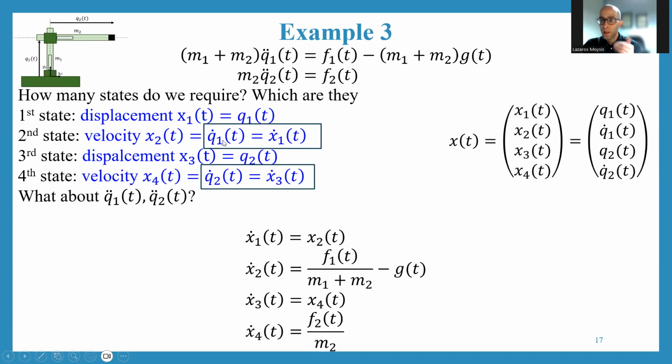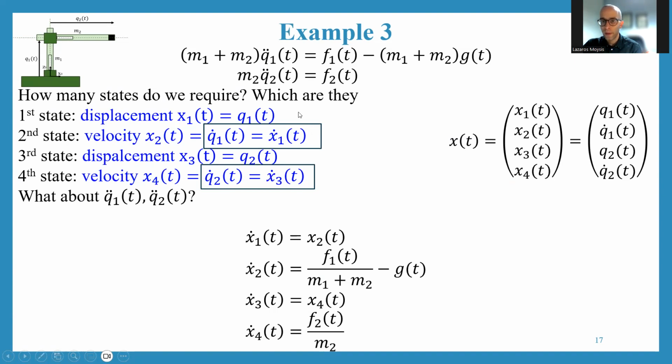The same thing holds for the second link. The third state is the displacement q2, and the fourth state is the velocity q2 dot. And again, these higher order terms are defined in terms of q2 dot and q4 dot.